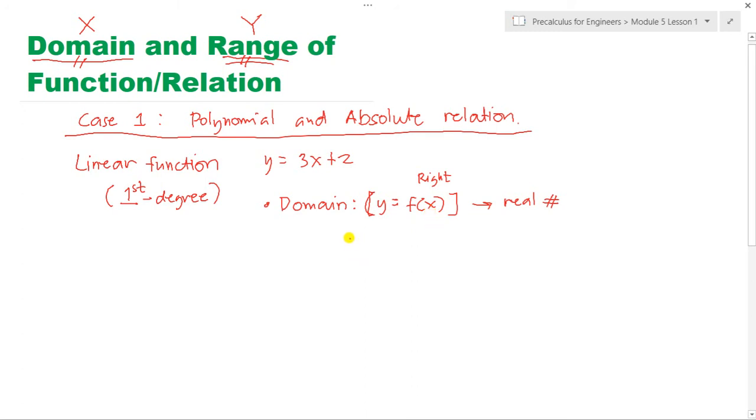So here we have y is equals to 3x plus 2. Since the polynomial function is already expressed as y is equals to f of x, we are just focused on the numbers or variables that are located on the right side. Here we have 3x plus 2.